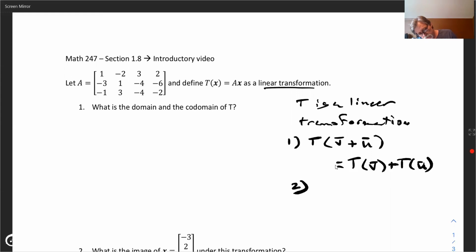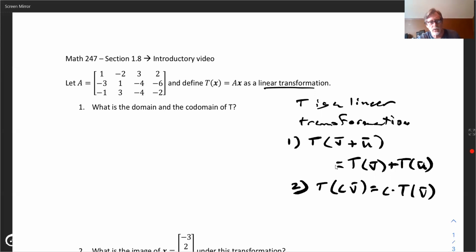So if I take T of some scalar C times V, it's equal to C times the transformation of V. So the scaling is preserved in the new space as well. So that's what we call a linear transformation. If you do other things to it, if they're not preserved, we might have another name for that.